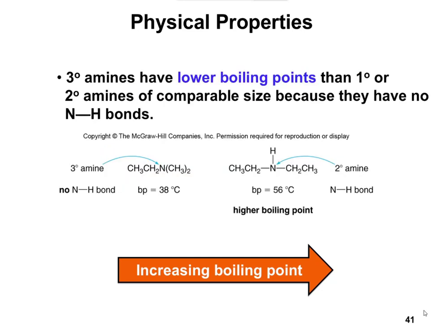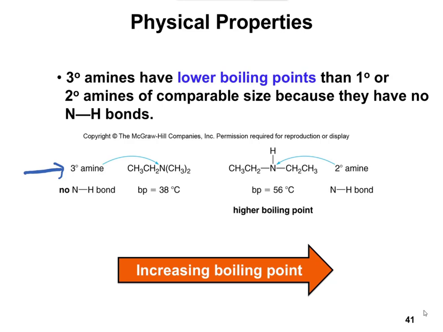Speaking of which, tertiary amines, if you were to compare those to primary or secondary amines, are going to have a lower boiling point. So the tertiary amine is this one over here, right? It says tertiary amine, no NH bond, because that N that is shown there is attached to all carbons. It's attached to the CH2, CH3 group, an ethyl group, and then it's attached to two separate CH3 groups.